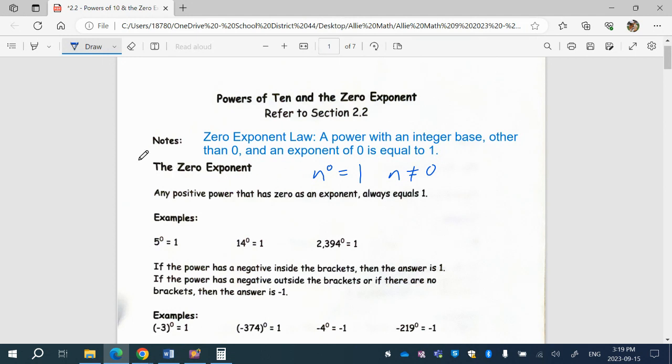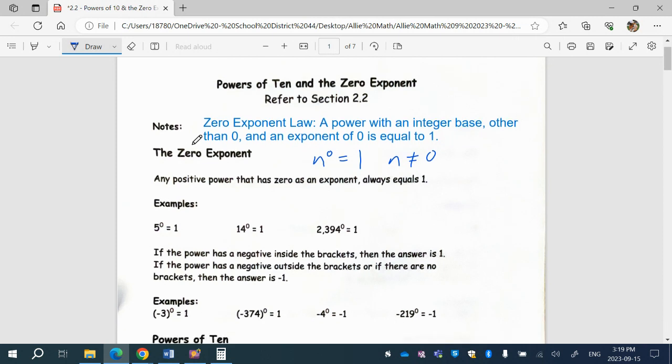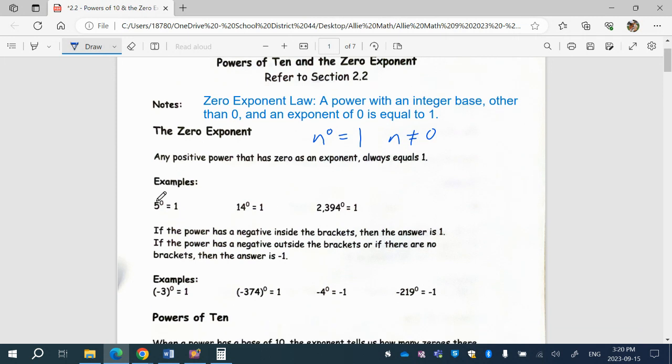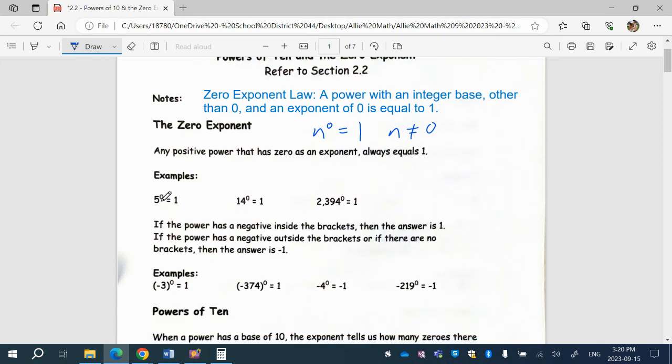Okay, it's kind of hard to understand just saying it like that, so let's get into some examples and hopefully it'll make sense. Any positive power that has 0 as an exponent always equals 1. Make sure you're filling in the blanks.